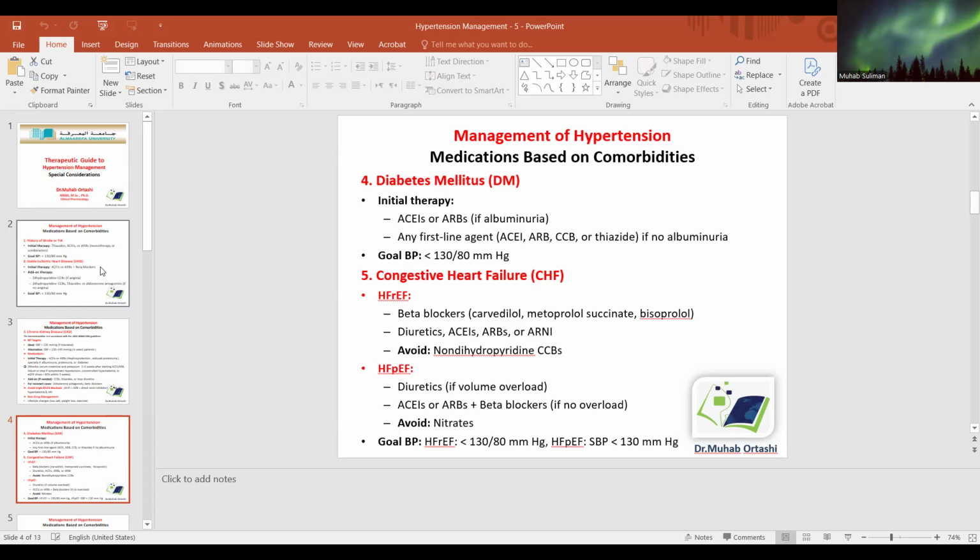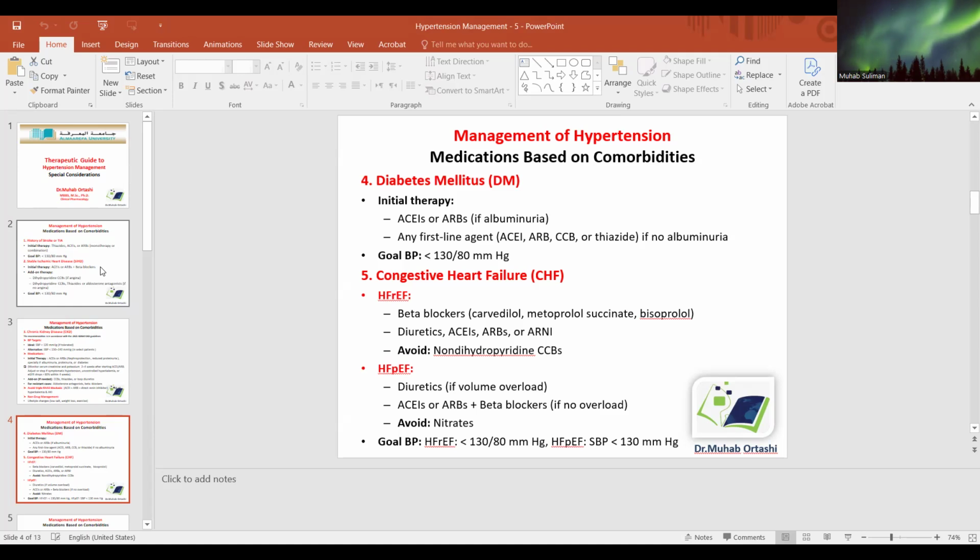If it is below 40, it is regarded as reduced ejection fraction. So if we have a patient with hypertension with ejection fraction below 40, we have to use beta blockers for control of the patient.